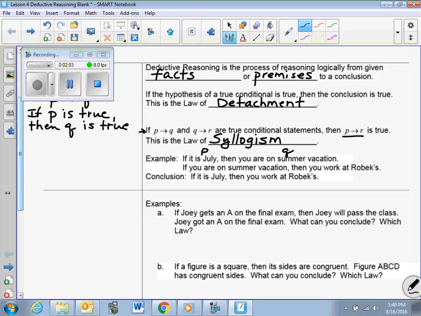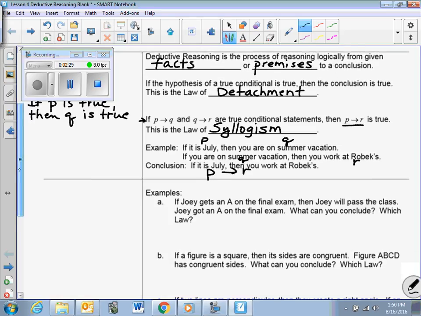So there's our Q. If you are on summer vacation, so there's our Q, then you work at Robex. There's our R. So the conclusion based on the law of syllogism is if it is July, then you work at Robex. So if P then Q, if Q then R, if both of those conditional statements are true, then I conclude if P then R.